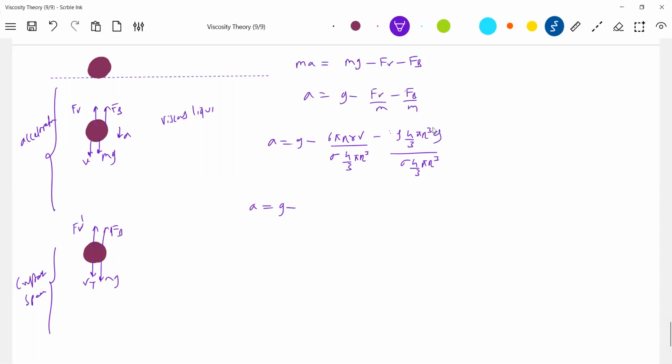So a is equal to g minus 9 eta v by 2 sigma r square, minus rho g by sigma. Okay, I'll do one thing. This is g.